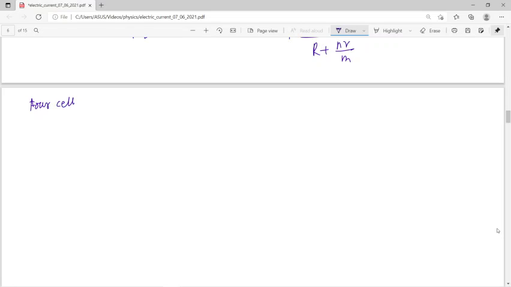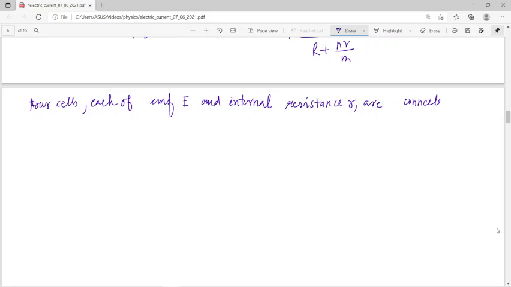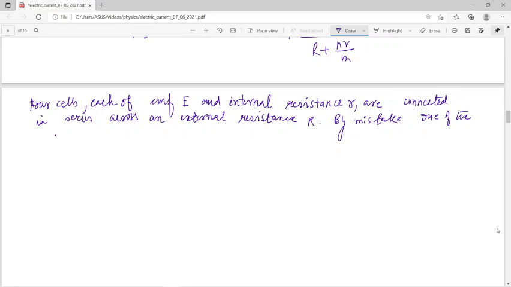The question is: four cells, each of EMF E and internal resistance r, are connected in series across an external resistance R. By mistake, one of the cells is connected in reverse.